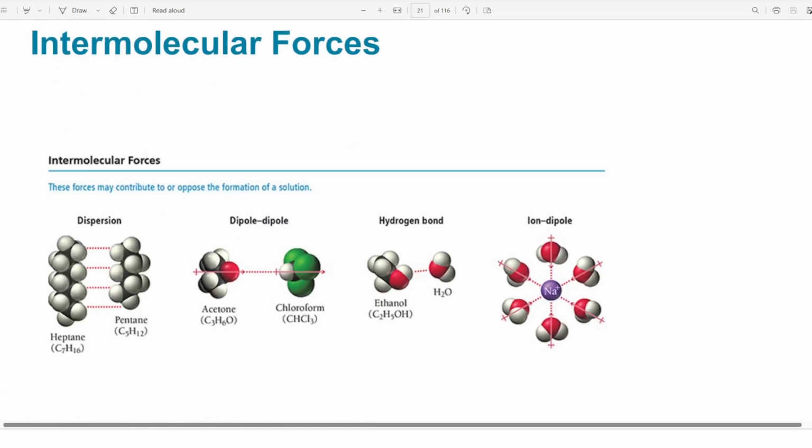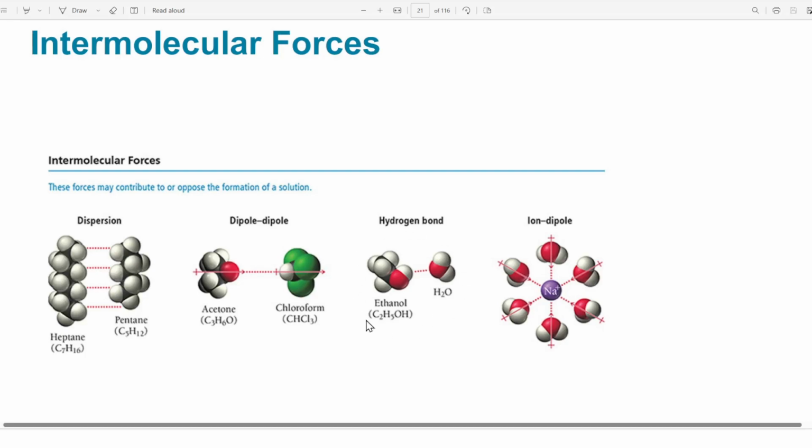Here are some types of intermolecular forces. On the left, we have dispersion forces, which exist in all substances, but those are the primary forces in nonpolar substances. Next, we have dipole-dipole interactions, which have partial positive and partial negative charges.